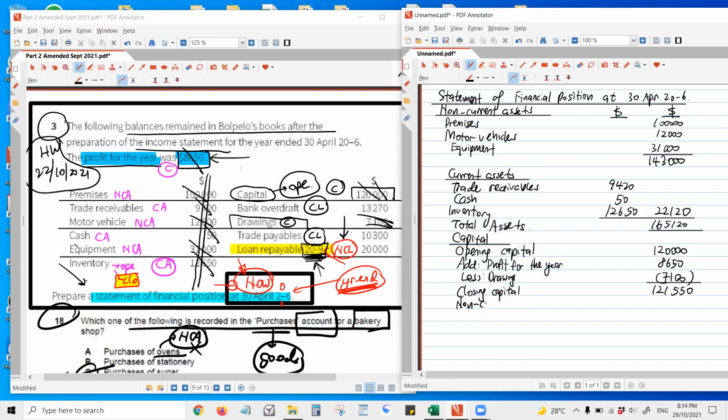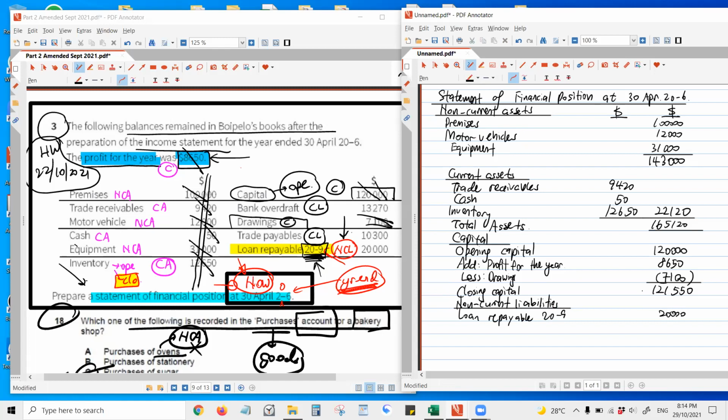Write the subheading, non-current liabilities. Loan repayable 20-9, 20,000 put here. Why do I put it to the rightmost? Because there is only one NCL, and the 20,000 also represents total NCL.